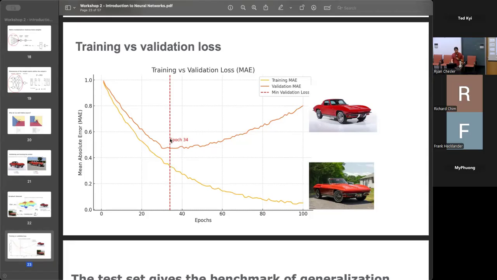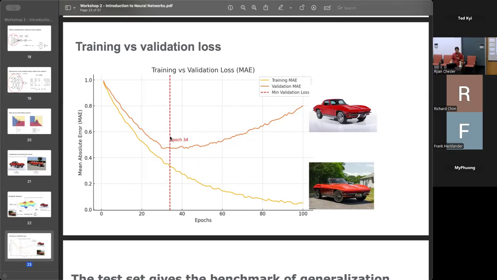But then eventually it starts just memorizing features of the data set. And so on the training set, it's saying, I know I saw this car, it was red in this exact pixel. So every time I see a red pixel in this spot, I'm going to guess $30,000. And so it starts learning things that aren't the true underlying pattern. It's not learning anymore that this is a nice car because it has a certain kind of paint or something like that.